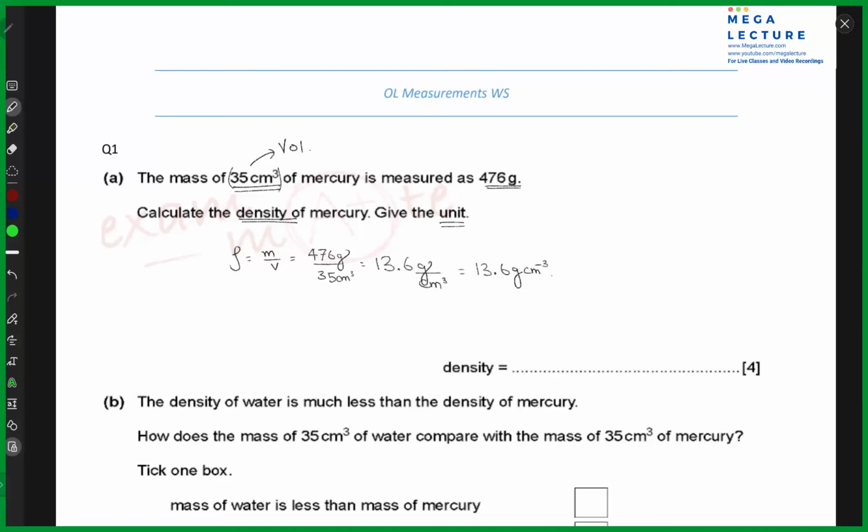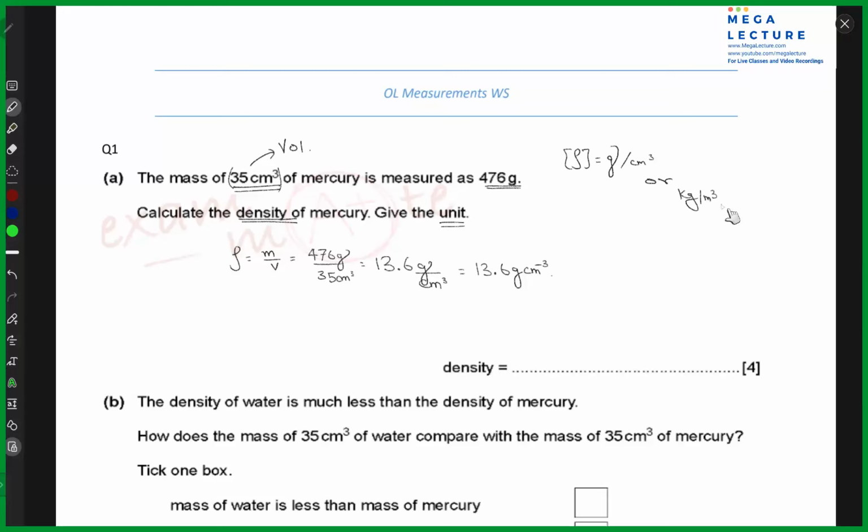So now, of course, you could give the answer in this way, or I could have converted from grams to kilograms, and from centimeters cube to meters cube as well. But why make life hard, right? We know that the units for density can be written as grams per centimeter cube, or kilograms per meter cube.